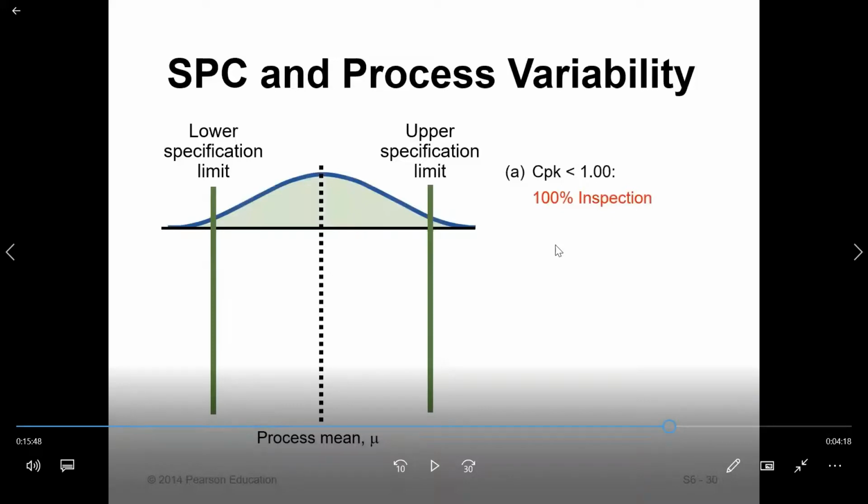So the first objective of learning process capability is that you can make use of CP or CPK, preferably CPK, because it takes into consideration the center. You can use CPK to analyze the machine allocations against products to make sure that all the combinations are able to achieve a desired CPK level.